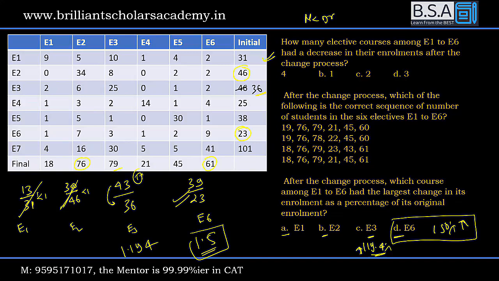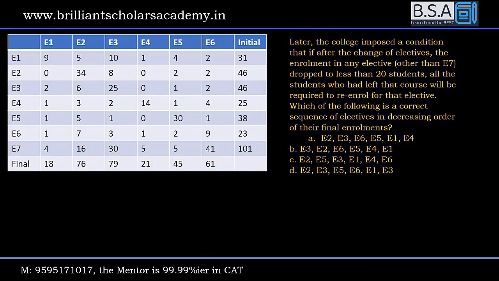So we have answered the first three questions, which are direct questions based upon the table. Now new data is given. Later, the college imposed a condition that if after the change of electives, the enrollment in any elective other than E7 dropped below 20, all the students who had left that elective will be required to re-enroll in that elective.